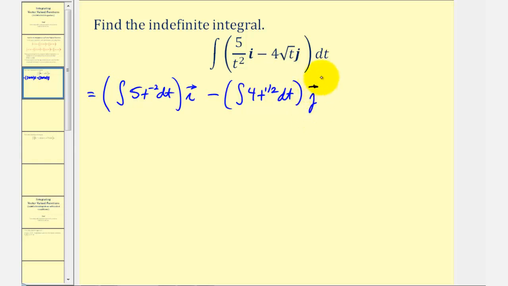times j. And now we'll apply the power rule of integration to find our indefinite integrals. So we're going to add 1 to the exponent and then divide by the new exponent.